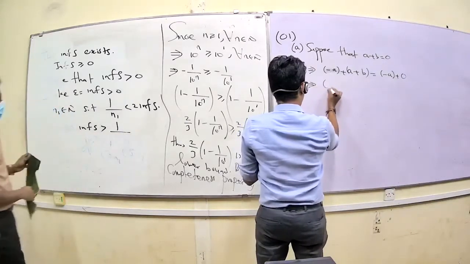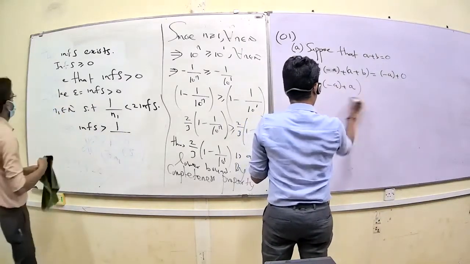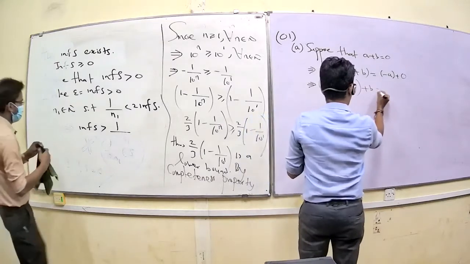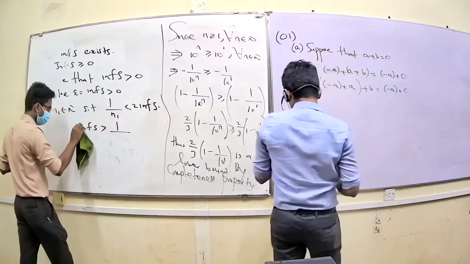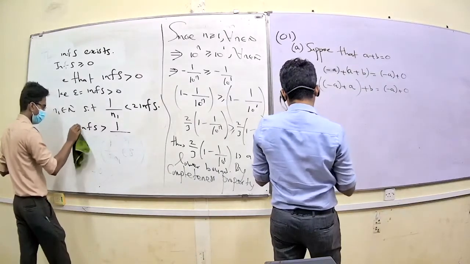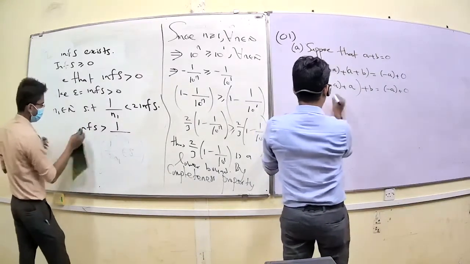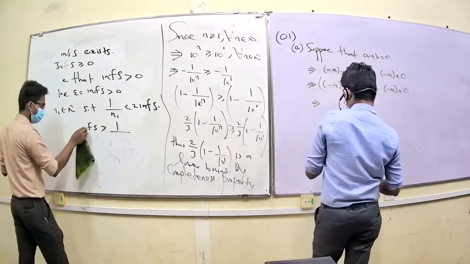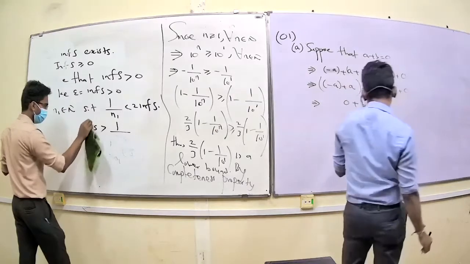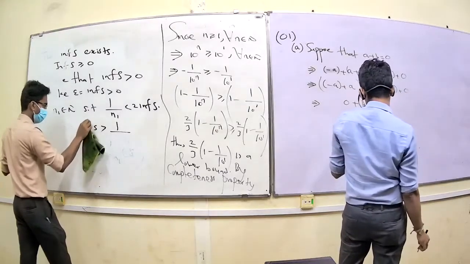Now you can use the associative property. From this, you get 0 plus b, since the inverse of a is minus a, plus 0.